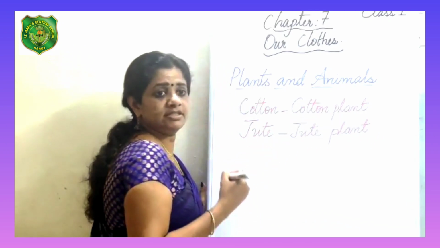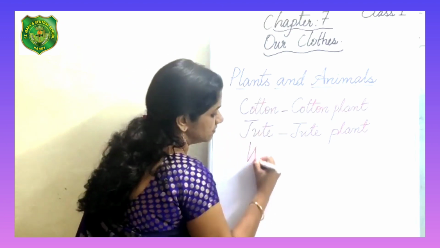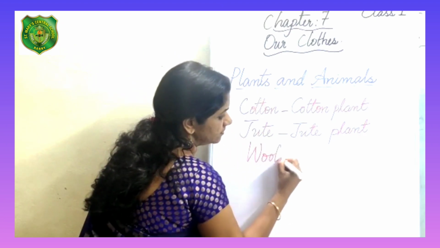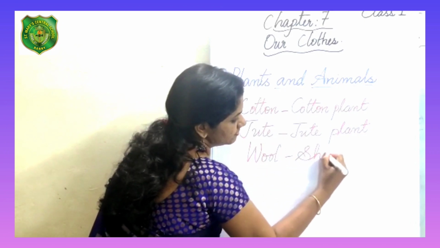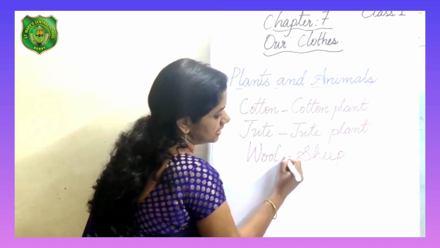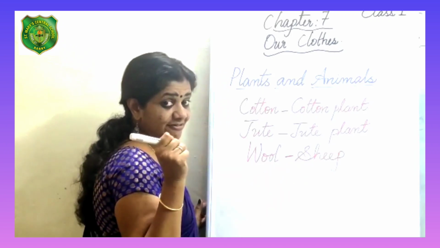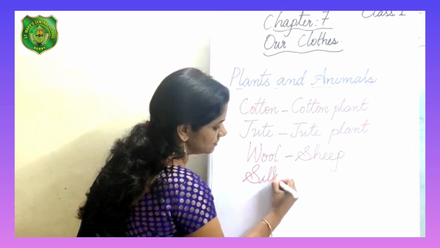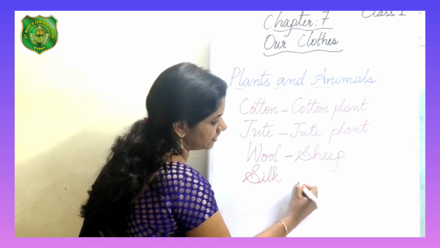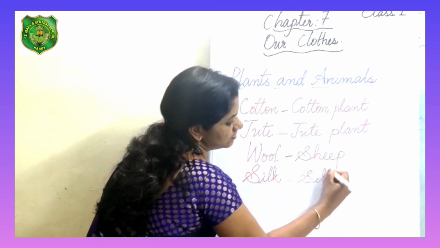Then what? Wool from where? Sheep. Wool from sheep. Then last one is what? Silk from silkworm. Very good.